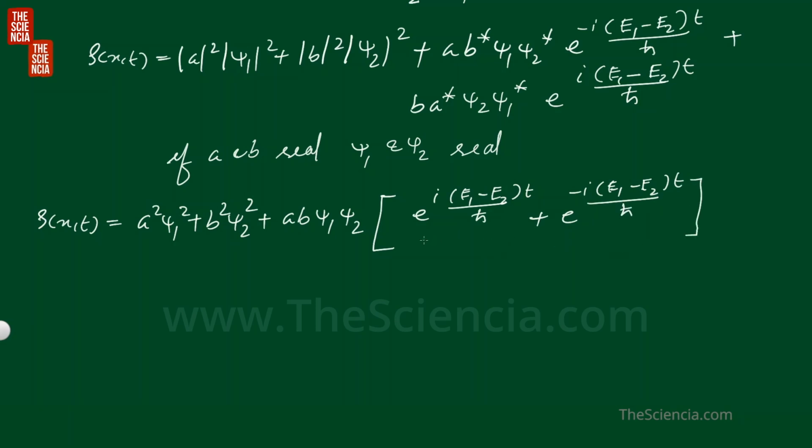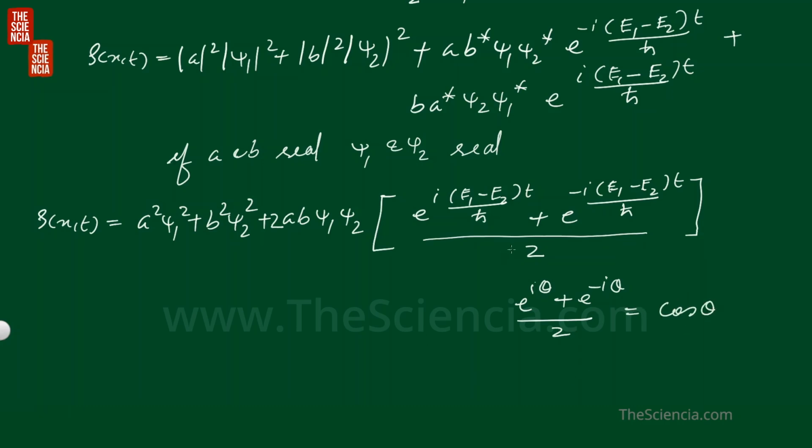Here I am dividing this term by 2 and multiplying this by 2. So we know the exponential function, e raised to i theta plus e raised to minus i theta by 2, is equal to cos theta. Right.